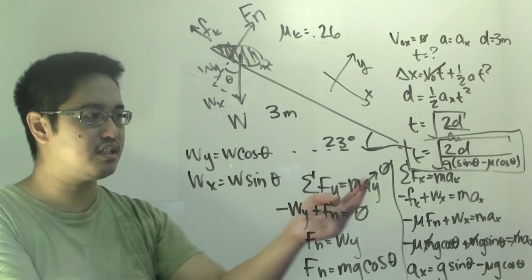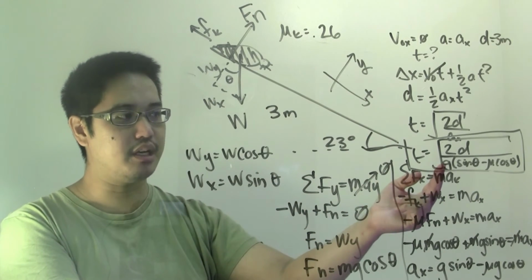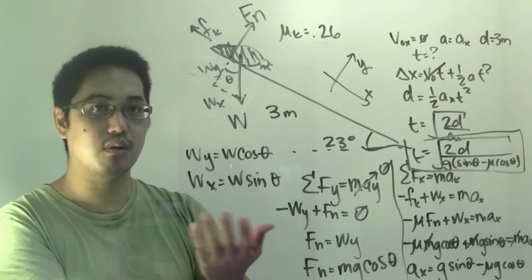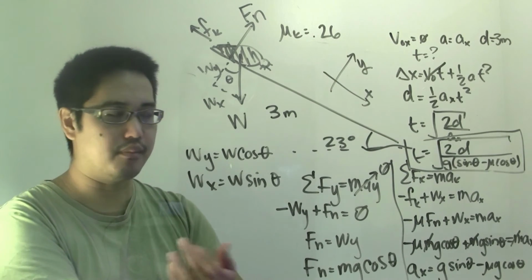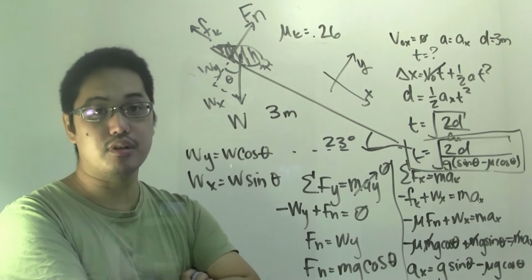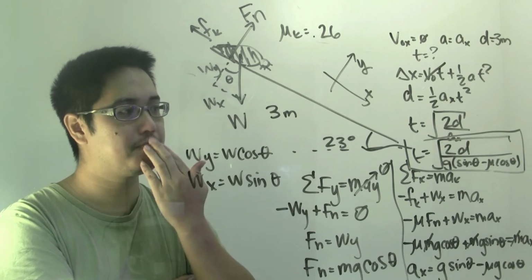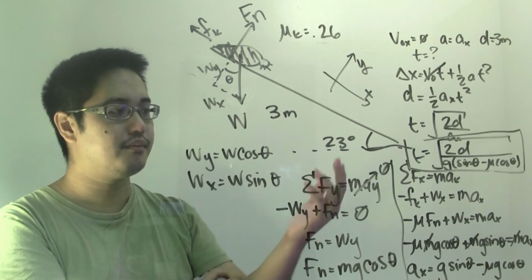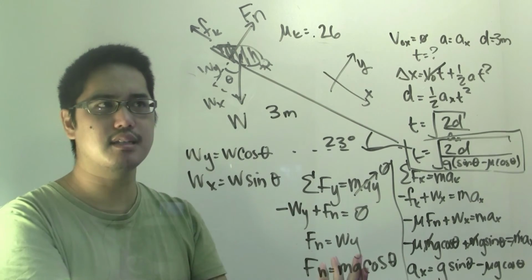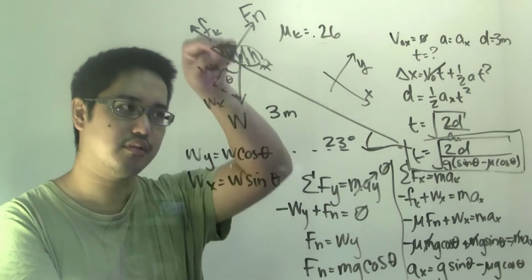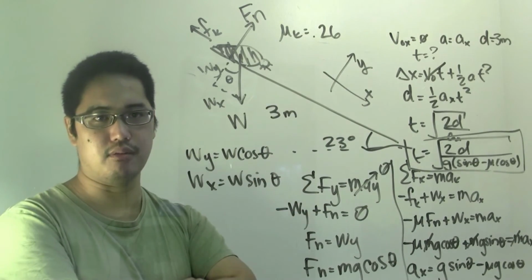Well, this g would get really big, making this number really small inside. So you're taking the square root of a smaller number, and you still get a small number. So your time would decrease. g got bigger, time would decrease. That makes sense to me, because if gravity were pulling the sea lion down faster, he would take less time to get down to the bottom.